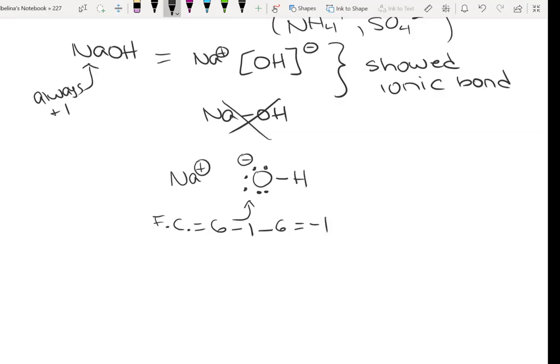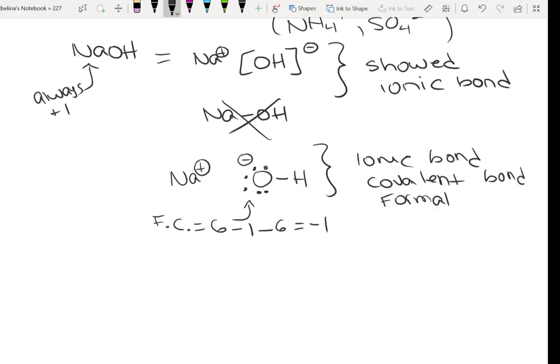That's -1. So that -1 is actually on the oxygen. So here you've shown the ionic bond. You've shown the covalent bond. It's right there between the oxygen and the hydrogen. And you've shown the formal charge. So there's a lot more detail.